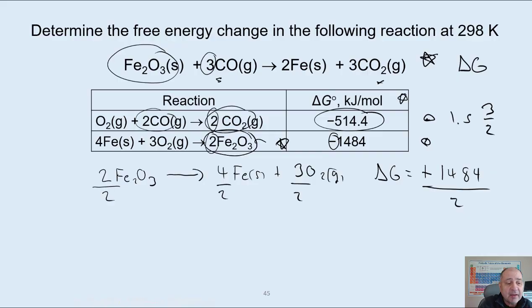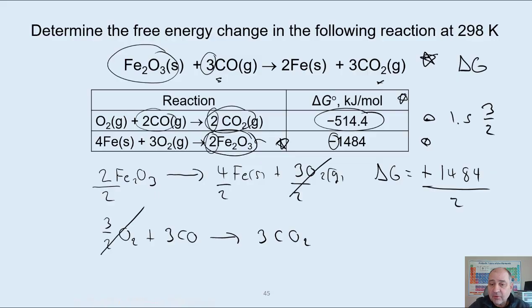If we do that, and I'm going to write it down here, we're going to end up with 3/2 O2 and 3CO going to 3CO2. And that's actually going to work out very well because we want to get rid of this oxygen.